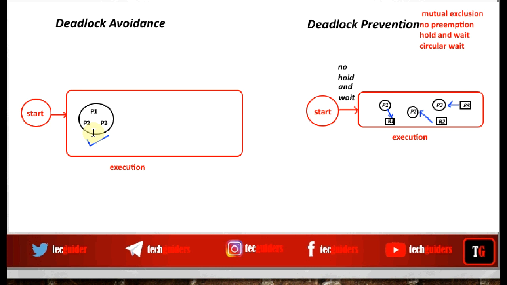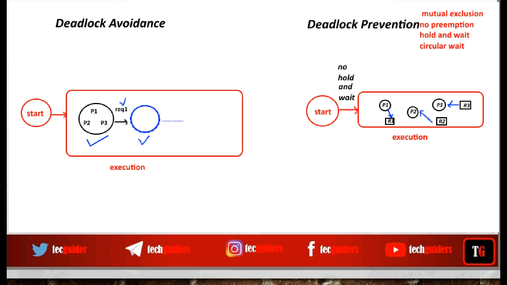They will start raising requests for the resources. Whenever some request is received, the operating system analyzes whether granting this request will lead to a safe state or not. Suppose it is found out that granting this request will lead only to a safe state, then that request will actually be granted and then the system will move to that safe state.